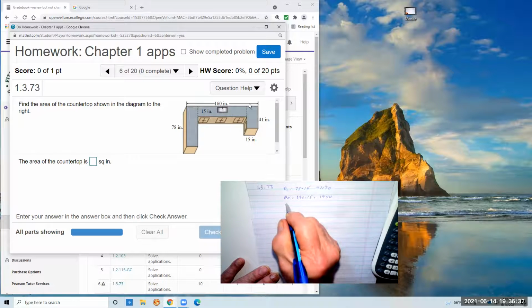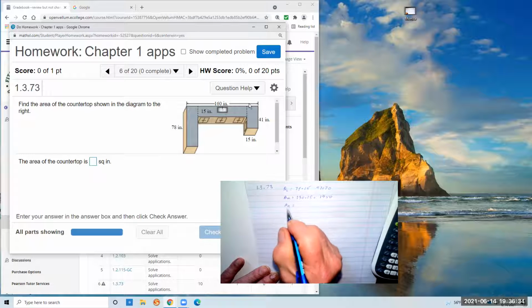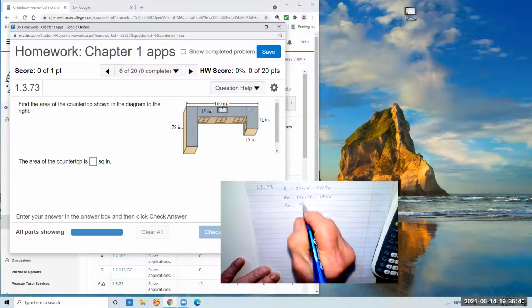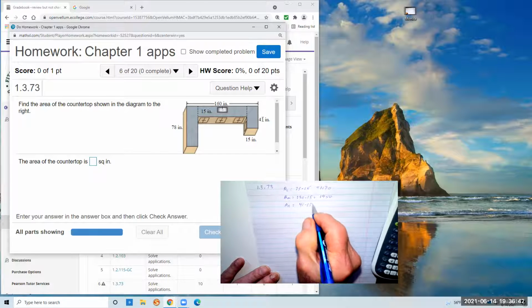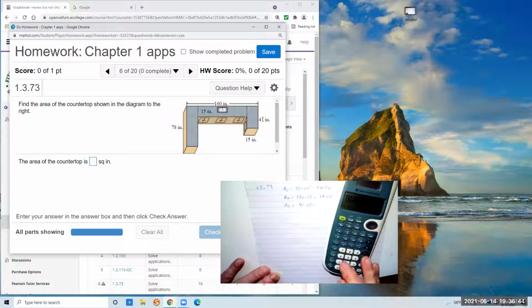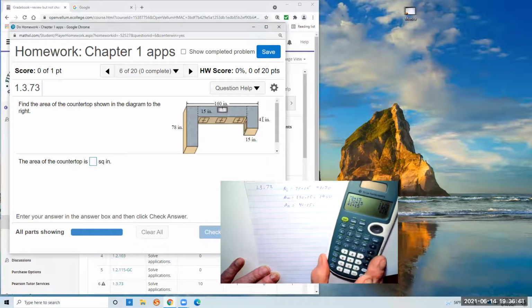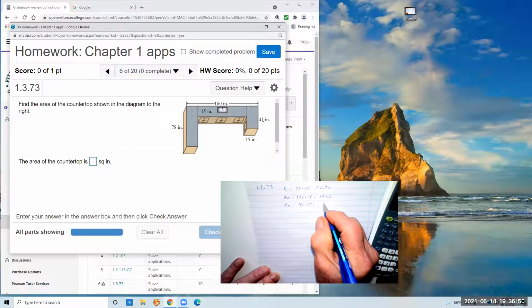And then we want the area of the right rectangle, which is obviously a width of 15, and its length is 41. So 41 times 15, using my calculator, equals 615.